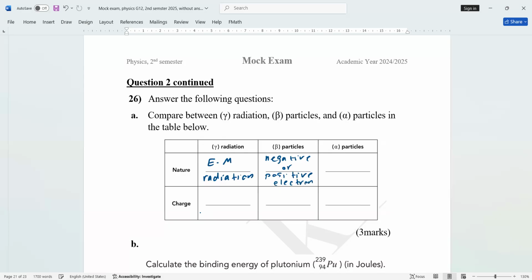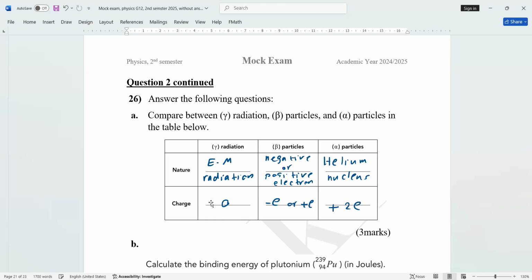Alpha is a helium nucleus. Now, charge: gamma has 0 charge. Beta is the negative charge of an electron or the positive charge of an electron. Alpha is double the charge of an electron.